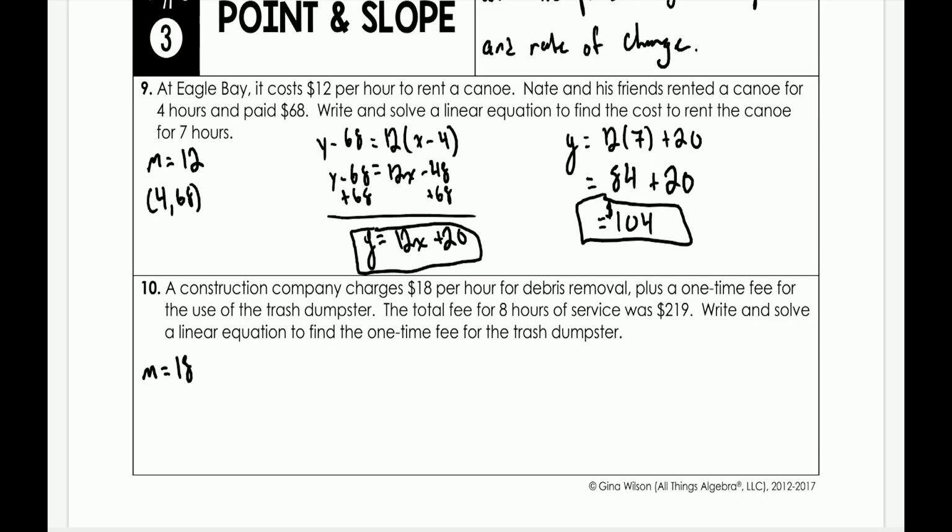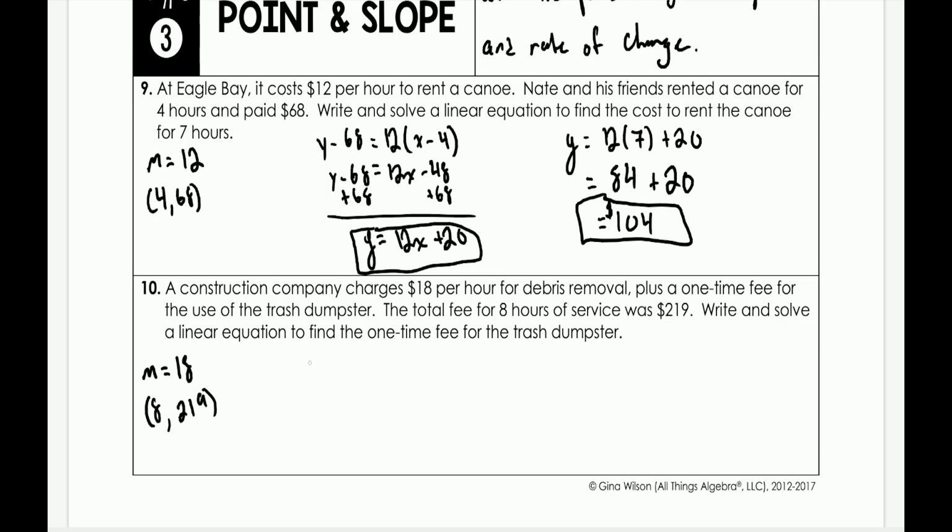So we know that the total fee for 8 hours would be $219. So we can take the point (8, 219). And we know that that's going to be a point associated with it because we know 8 hours is $219. Let's use this information to see if we can create an equation that we can then use to find the one-time fee.